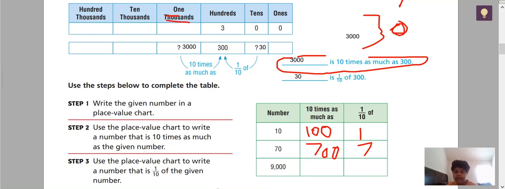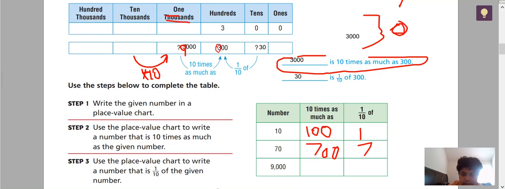So let's ask ourselves, 10 times as much as 9,000. Let's make this a 9 to help us with this equation. So that was 9,000, right?